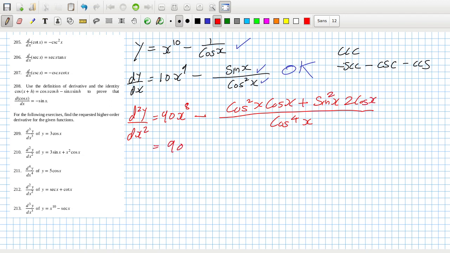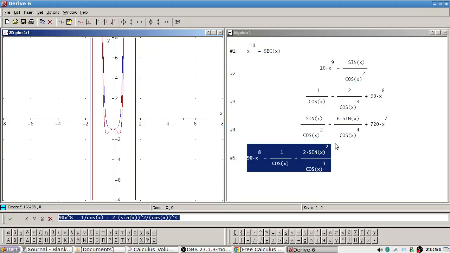So that would be 90 x power 8 minus 1 over cos x minus 2 sine squared x over cos cubed x.